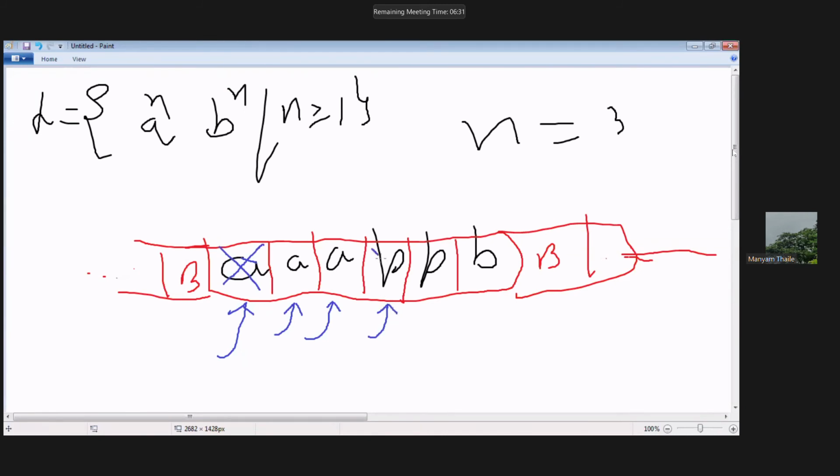Now mark it Y. After finding the first B, you mark Y. What is the meaning here? 1 A, 1 B, it is an equal count.